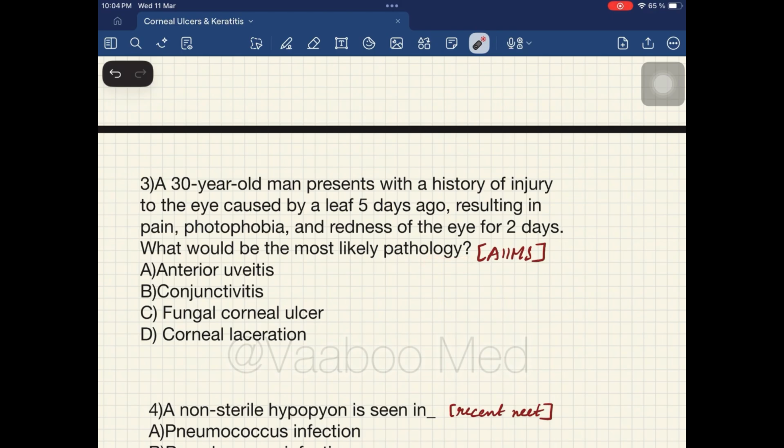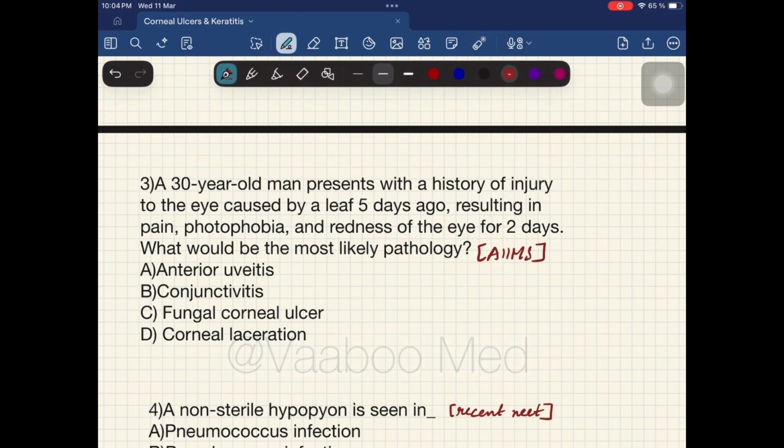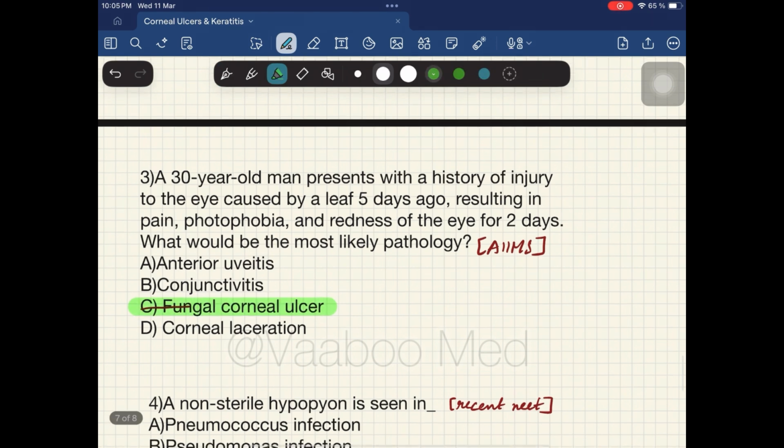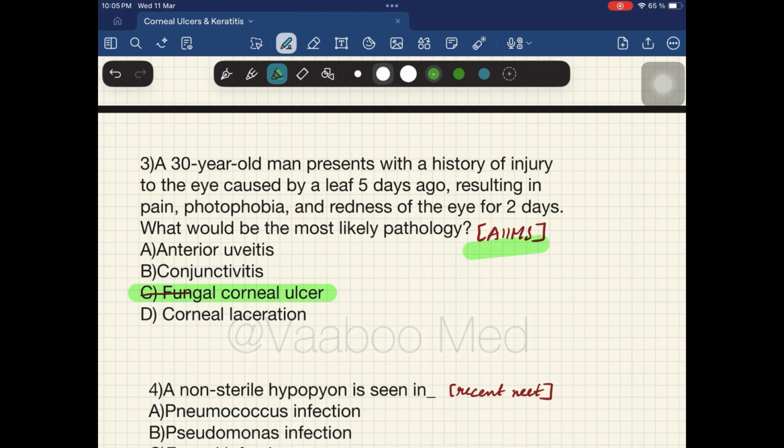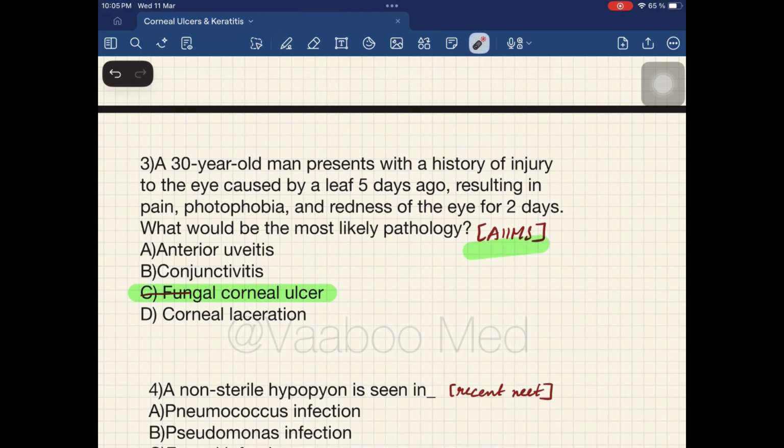See, leaf 5 days ago, history of injury, so it is also a kind of vegetable matter. Trauma with vegetable matter: what you can hint from here is fungal corneal ulcer. This question has appeared in AIIMS.